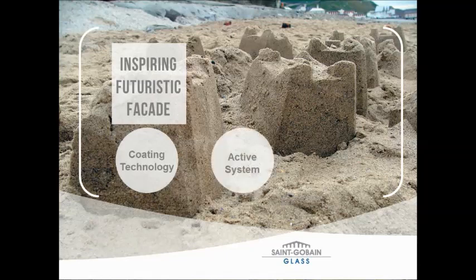What we foresee as the future is active systems, which change their performance based on environmental conditions, and ceramic fritting, which makes building designs very unique, and also brings about energy efficiency and daylight comfort.